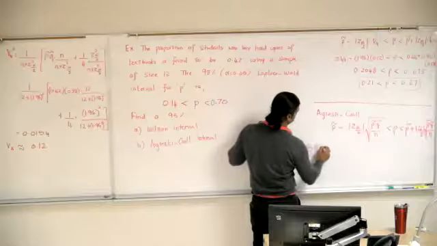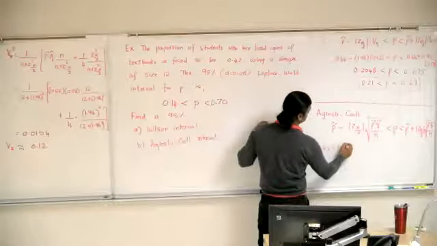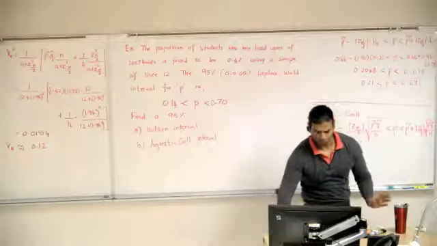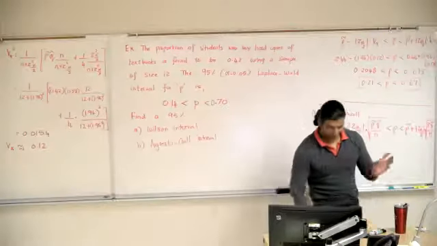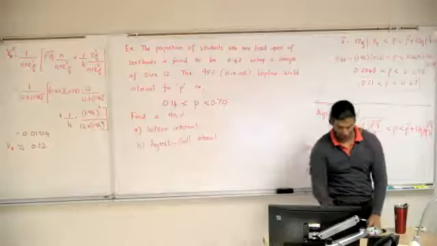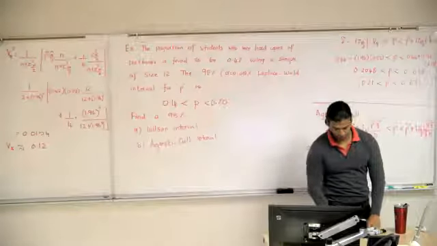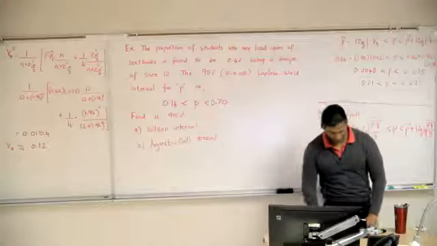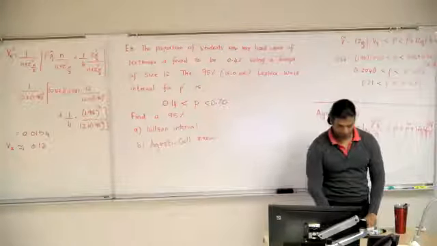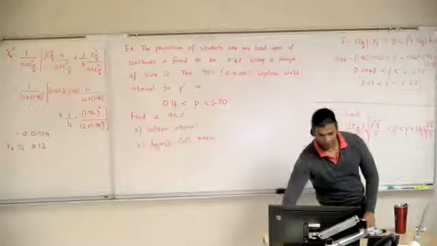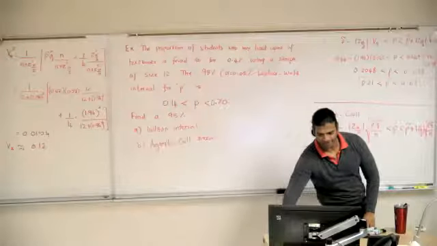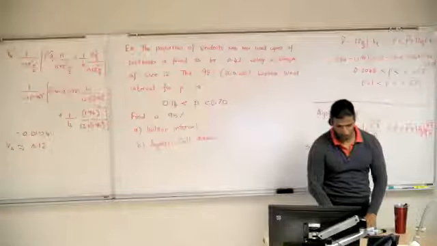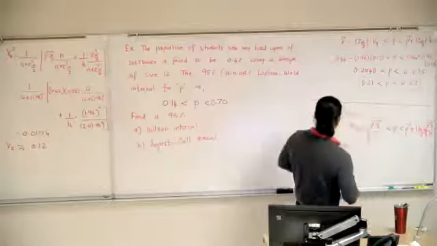So 0.44 minus 1.96. P tilde is 0.44 and Q tilde would be 1 minus 0.44, 0.56. So 0.44 times 0.56 divided by 12, and we can't leave it as is, we've got to take the square root. So the square root of that value is 0.1432.